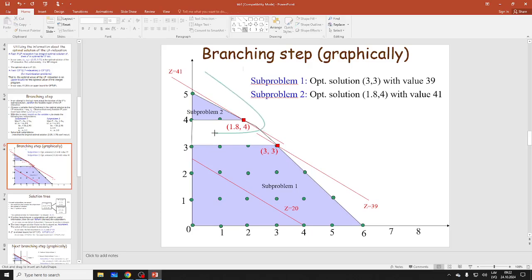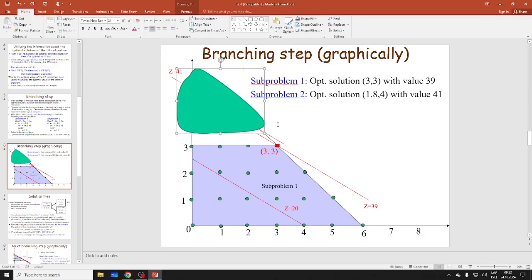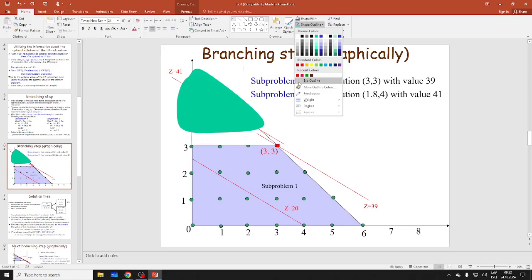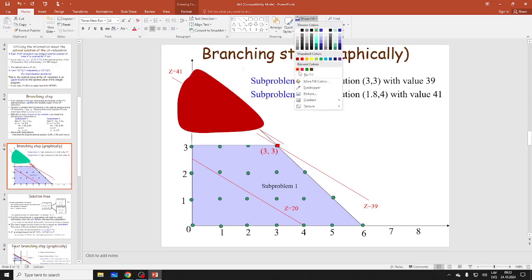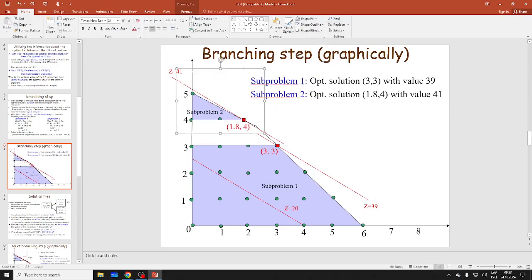Oh yeah, we can do this. Okay, curve. All right. Okay, that worked great. Now we want an outline but no theme colors. Shape fill, none. Then shape outline, and this green one will do. Oh yeah, perfect. Super.